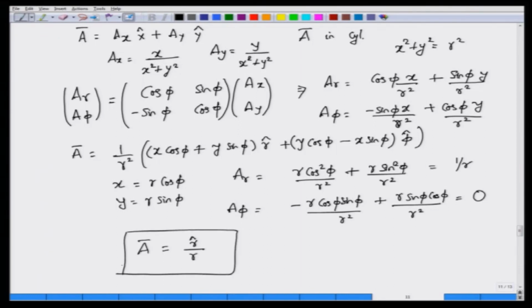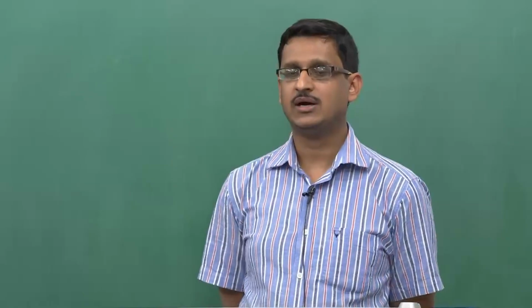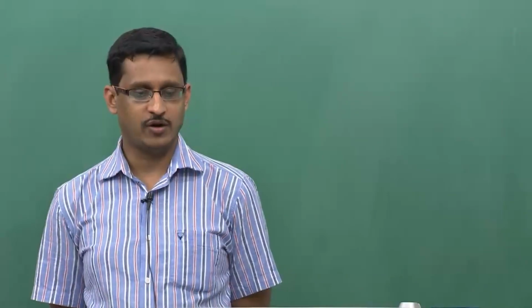Is this surprising to you? If you are not surprised, then you should be surprised. Why should you be surprised? Because in order to represent a point which is originally represented in Cartesian coordinates as x by x square plus y square and y by x square plus y square, we had to give the values of x and y, both of them.